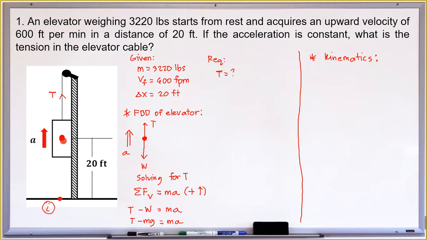When it reaches the height of 20 feet, that is the final state, which we represent as F. At the initial state, it has an initial velocity of 0 FPM, because the problem says it starts from rest. For the final velocity, it is given as 600 FPM.